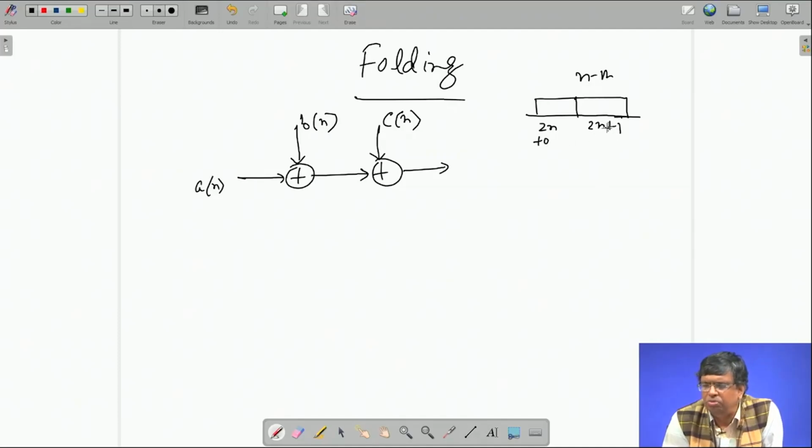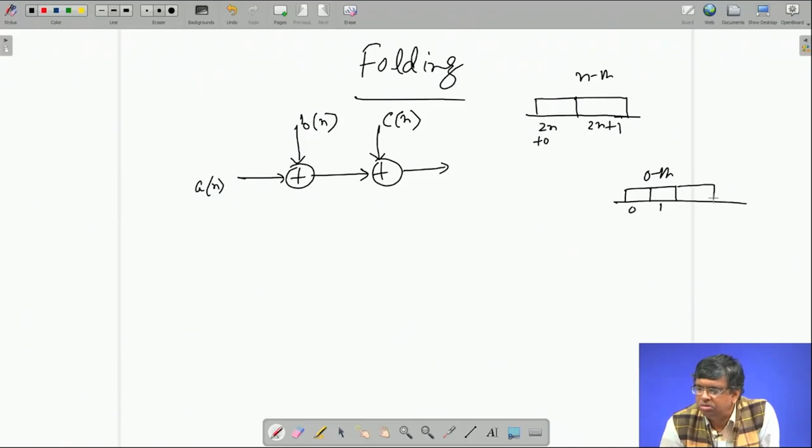This I think must be obvious to you, because if you start the timing diagram this way, say the 0th original clock, we are dividing into two system clocks, 0 and 1. Then the next is divided into 2 and 3, dot, dot, dot, then 4, 5.